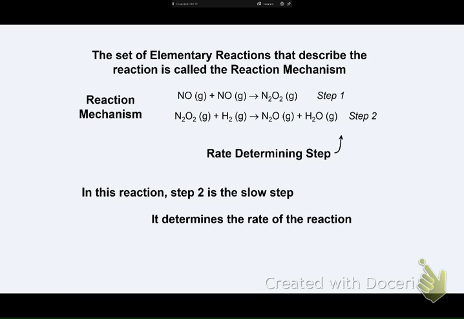So it turns out in this reaction, the second step is the rate determining step. And it determines the rate of the reaction, how fast the reaction will go. So if you were to write the rate law for the second step, we'll do it on the board.